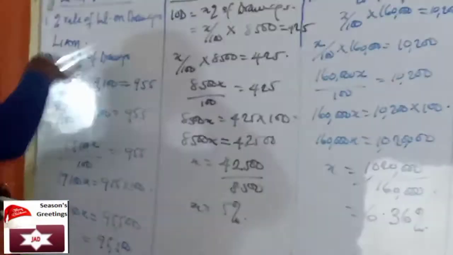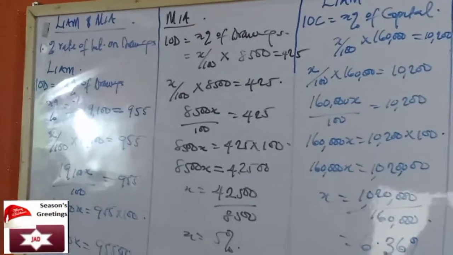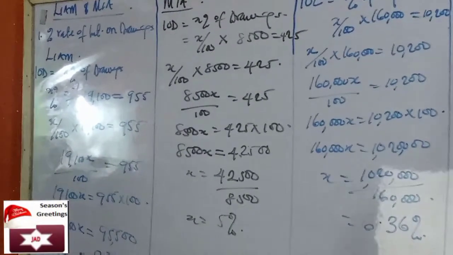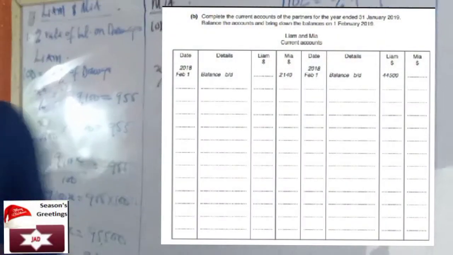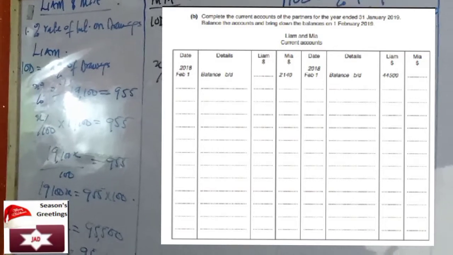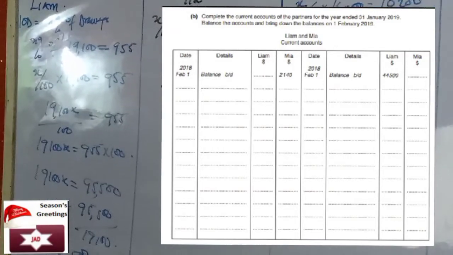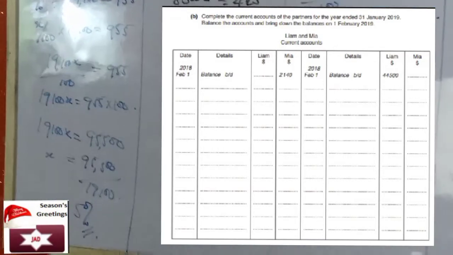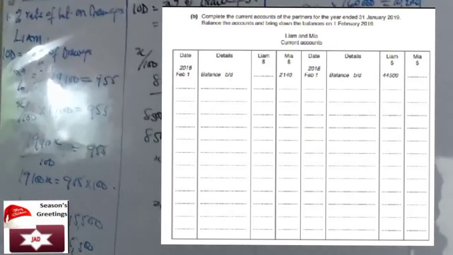So that's the question, saying we should calculate the rate of interest on drawings and the rate of interest on capital. So the next question there, B, is saying that we should complete the current account of the partners for the year ended February 2019. Balance the account and bring down the balance on February 1st, 2019.